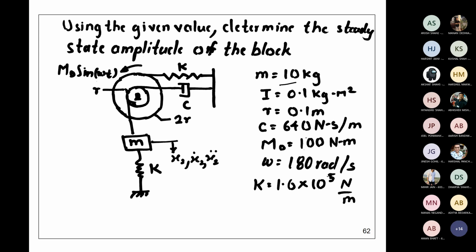The damping coefficient is 640 Newton second per meter, the torque amplitude is 100 Newton meter, the forcing rate is 180 radians per second, and the stiffness is 1.6 into 10⁵ Newton per meter. You have to find the steady state amplitude of this block.